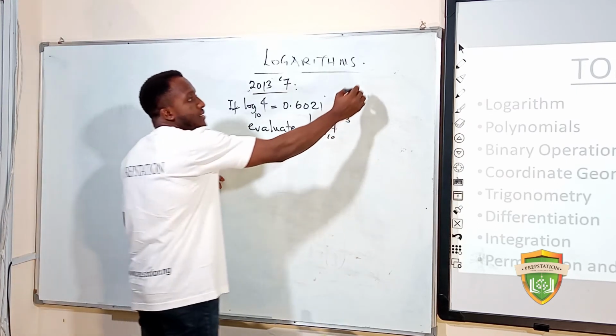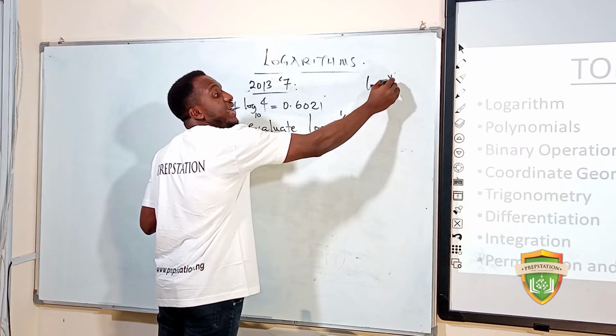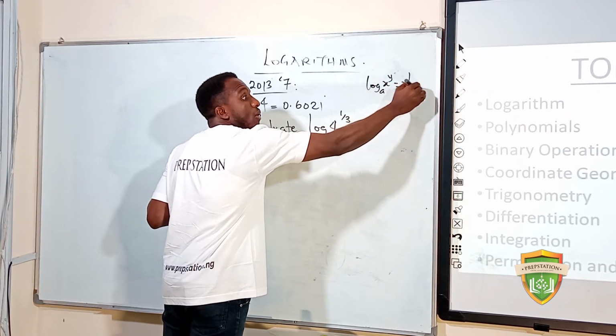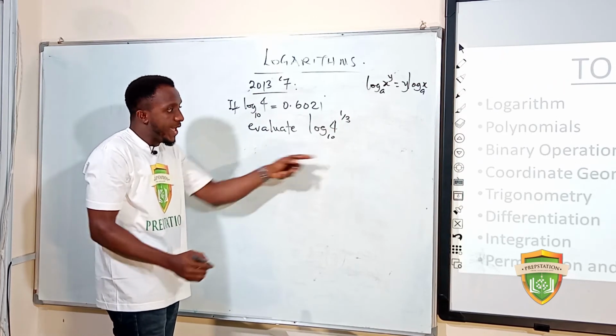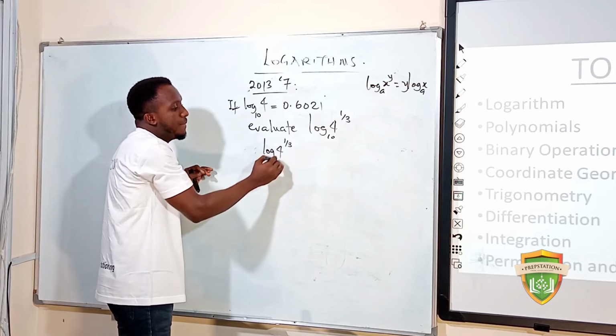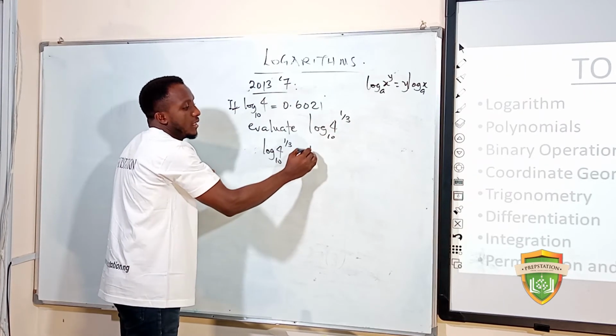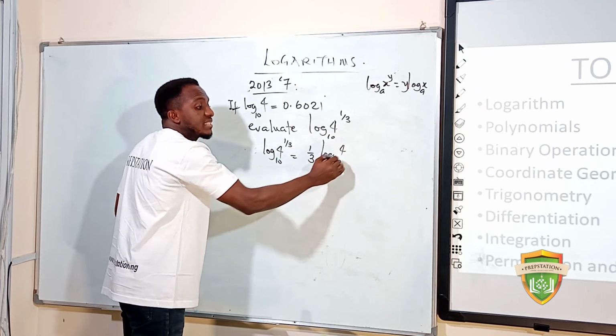Now the law says log x raised to power y to base a is y log x to base a. So if we apply the law here, log 4 raised to power 1 over 3 base 10 is 1 over 3 log 4 base 10.